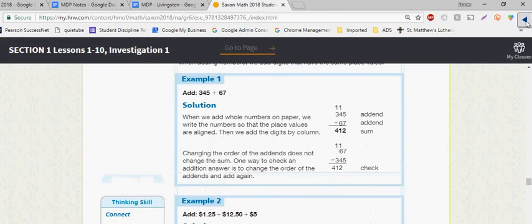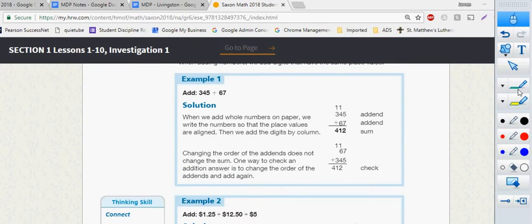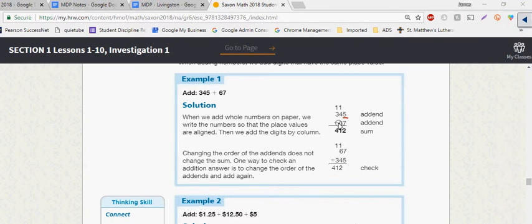When we talk about place value, we're talking about location of the numbers on here. 5 being further to the right means it's not worth as much as the next over. 4, which really is worth 40, because it's in the tens place, and 4 times 10 is 40. That's why we say 345. 5 just being worth 5, and then what do you think 3 is worth, really? It's worth 300 in the hundreds place there.